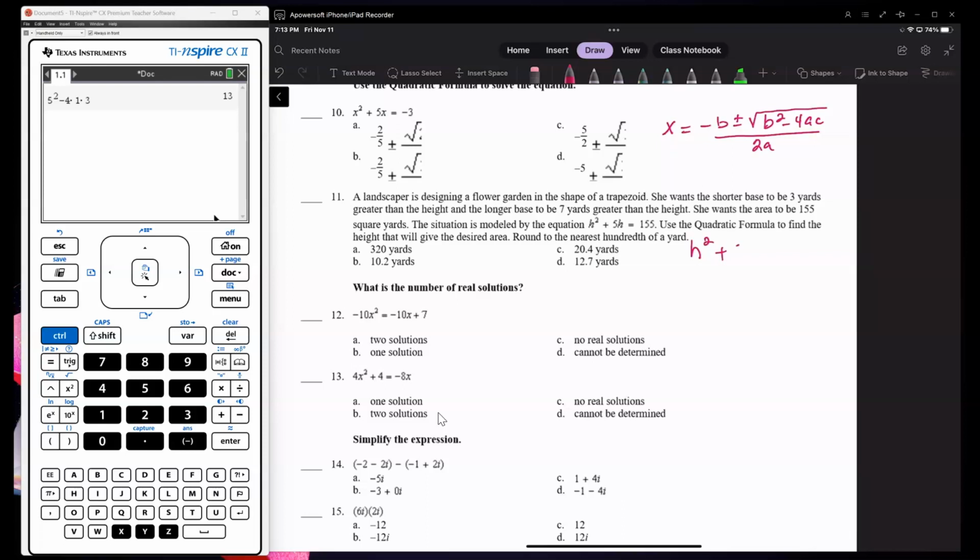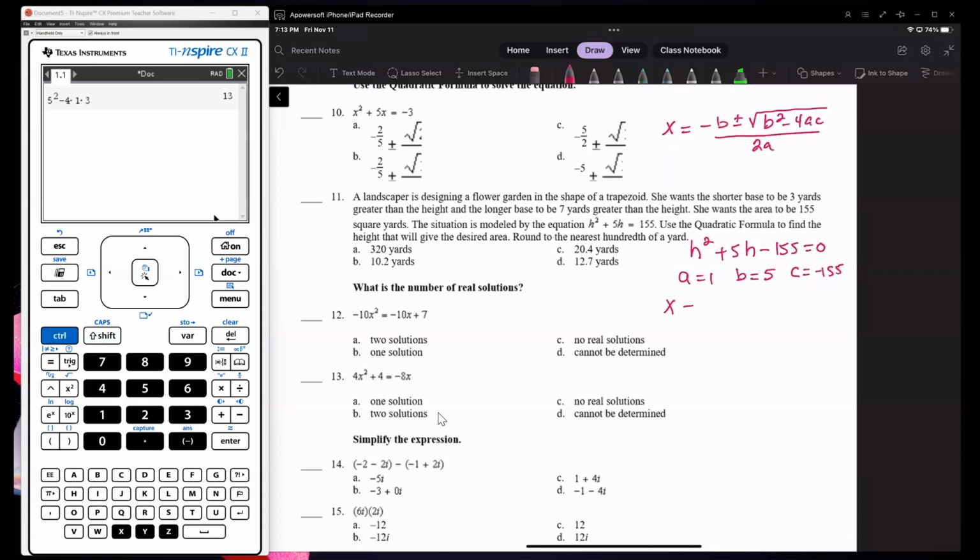squared plus 5h, and I know that it has to be in standard form for me to find the appropriate height. It says use a quadratic formula to find the height that will give the desired area, and round to the nearest hundredth. I know that a is equal to 1, b is equal to 5, and c is equal to negative 155.